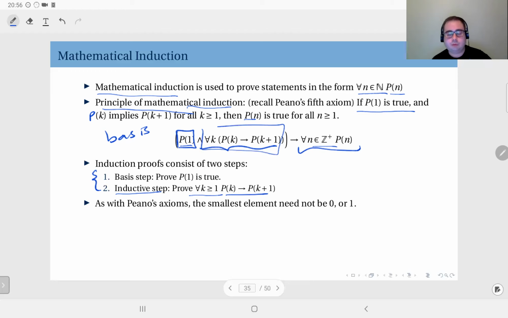If you prove these two, then we will conclude that it's true for all numbers. The smallest element need not be 0 or 1. This is a slightly different statement, because it's not just the naming, it's the actual value that is significant, but still the basis step doesn't have to be just 1.